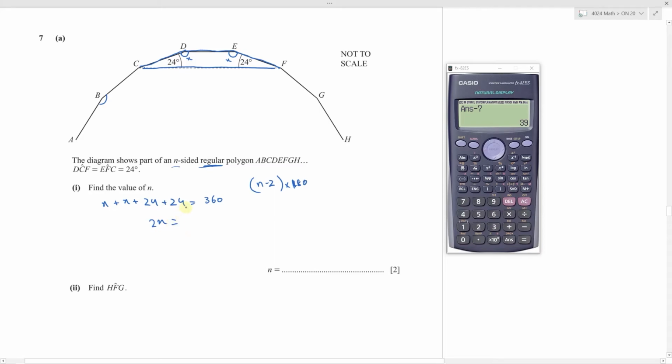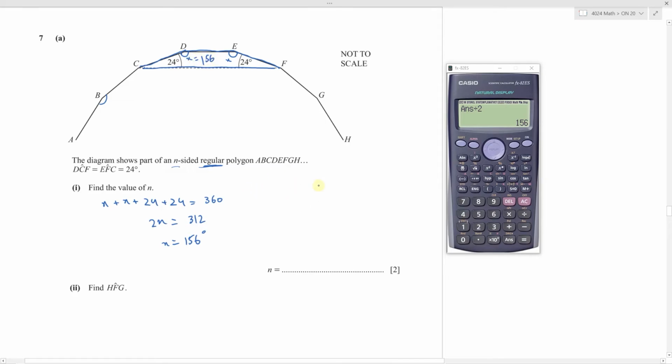So 2x will be equal to 360 minus 48, 312, and x will be 312 divided by 2, 156 degrees. So this angle here is 156.